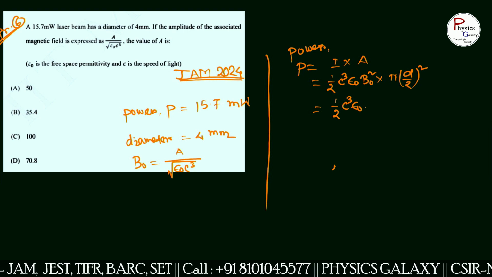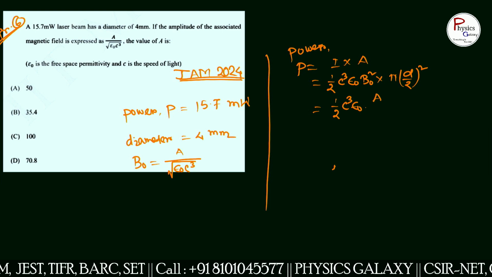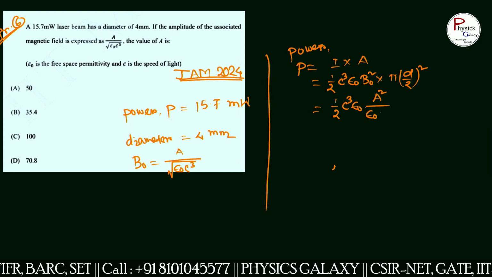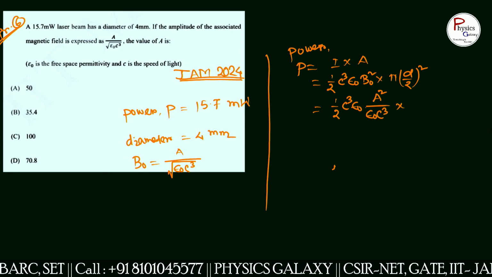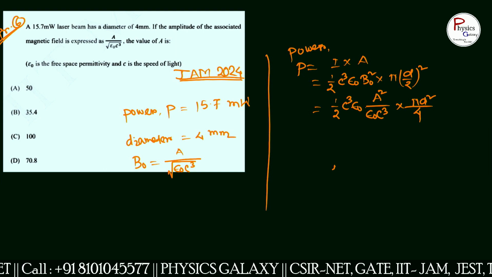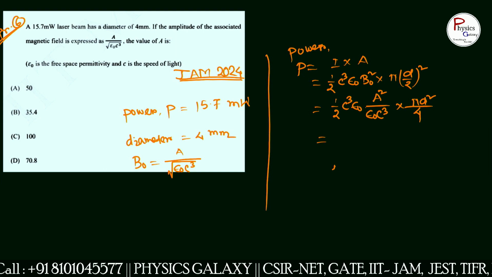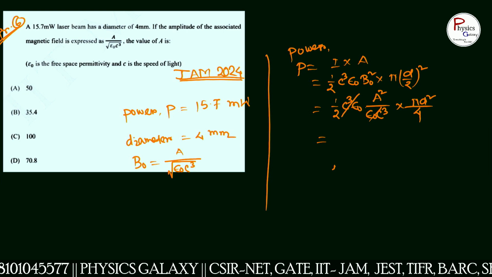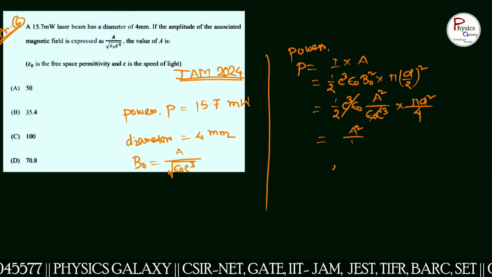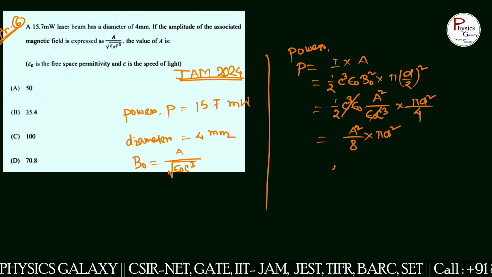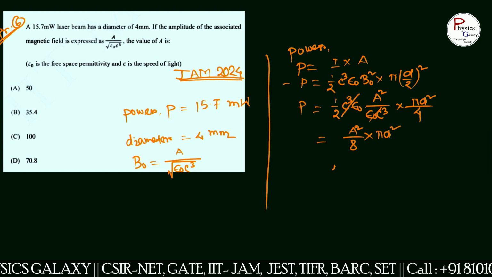So put this value here. So A square by epsilon 0 c cube into pi D square by 4. So this cancels out, and A square by 8 into pi D square, which was the power.